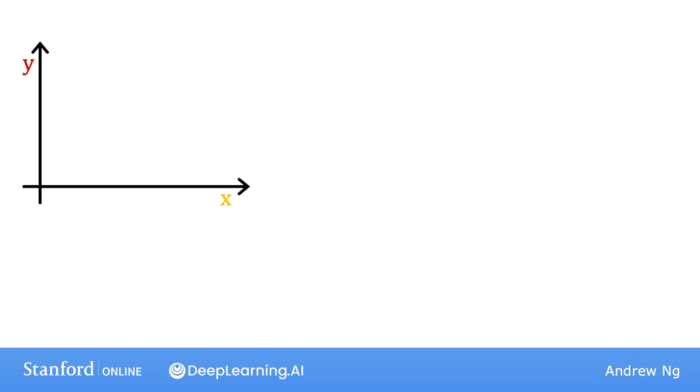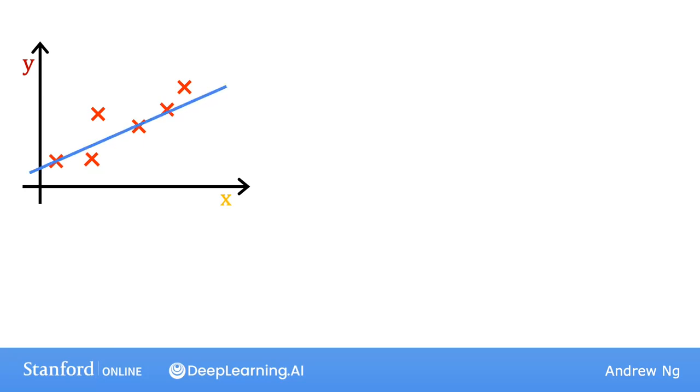Recall that you have a training set, like the one shown here. With linear regression, what you want to do is to choose values for the parameters w and b so that the straight line you get from the function f somehow fits the data well, like maybe this line shown here.